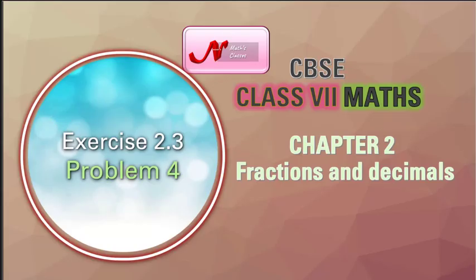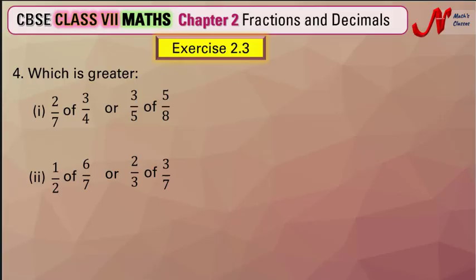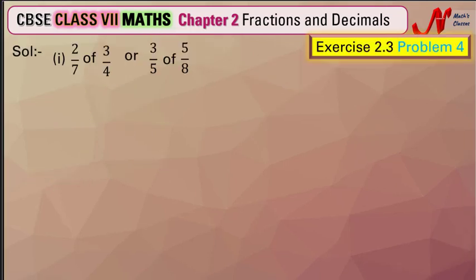Now we solve the exercise 2.3 problem 4. In problem 4 there are 2 bits given. In each bit we have some fractions, and we have to compare these fractions. To compare these fractions we have to simplify them. First of all we write 2 by 7 of 3 by 4 as 2 by 7 into 3 by 4.